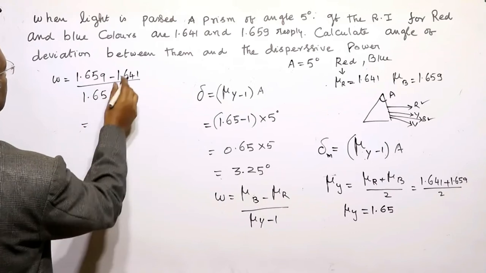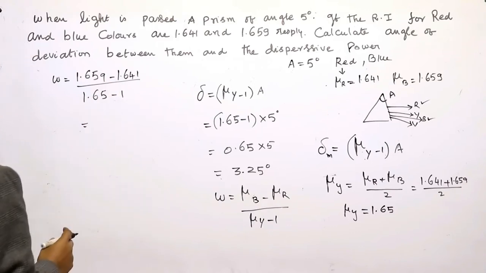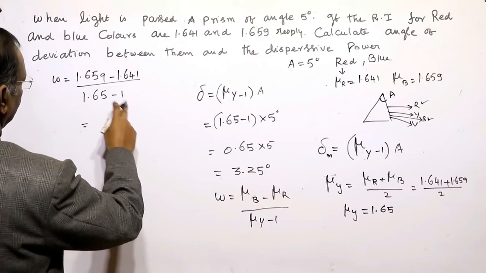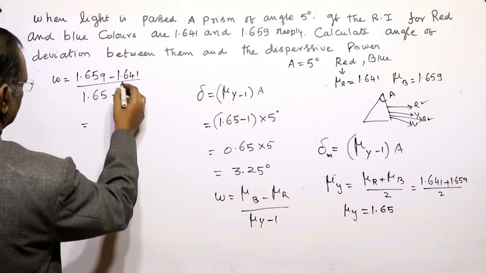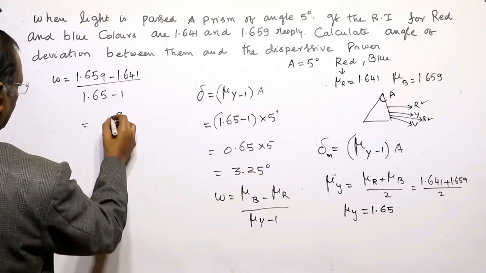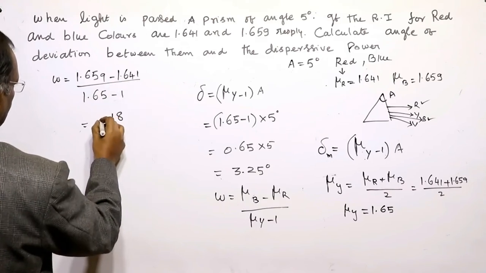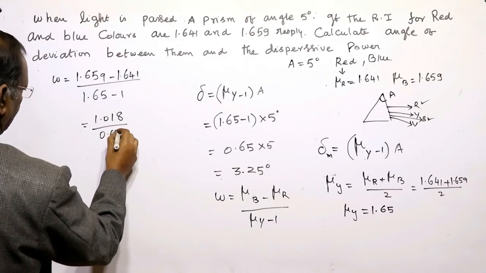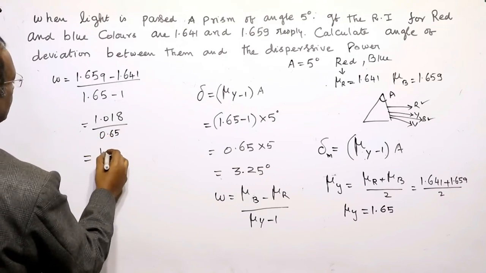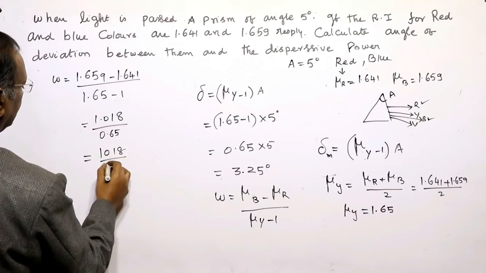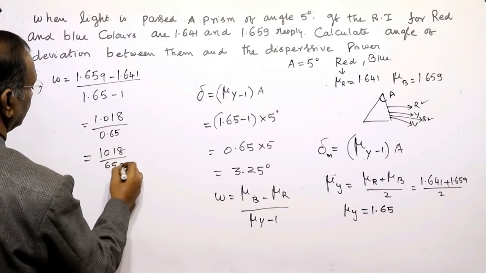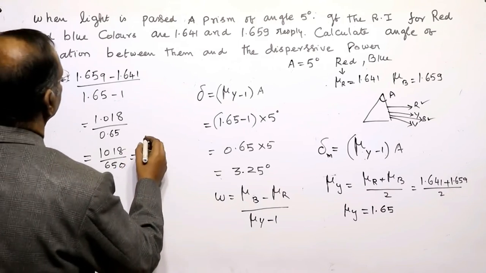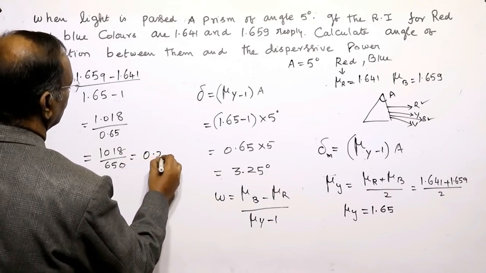This comes out to be 0.018 divided by 0.65, that is 18 divided by 650, which comes out to be 0.028.